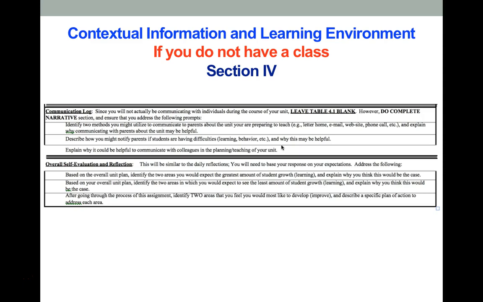You could also describe how you might notify parents in your communication log. And this part we kind of just make up, and we give you some suggestions in the addendum how you might handle each of those types of things, but we do want you to fill out all of the areas. You just might be making quite a lot of it up. And that's no problem.